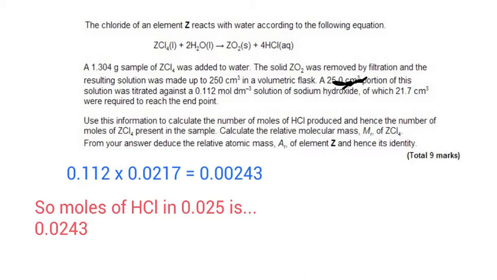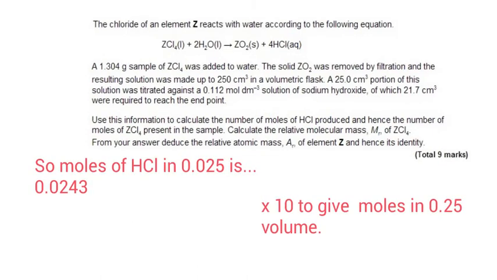What's quite important in this question to realise is that the 25 centimetre cubed sample was taken from a total volume. This means that we have to multiply by 10 to give the moles in our 250 centimetre cubed volumetric flask that we originally started with, or 0.25 decimetre cubed volume.